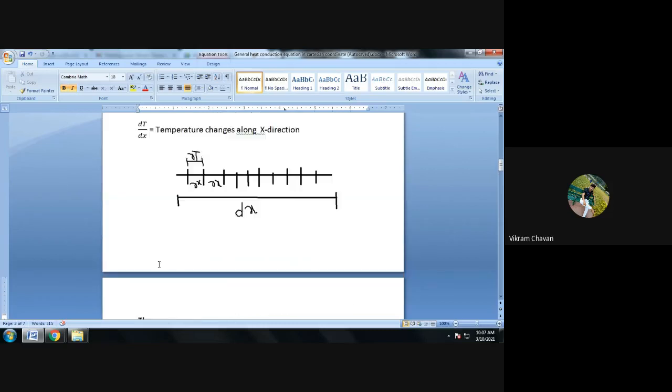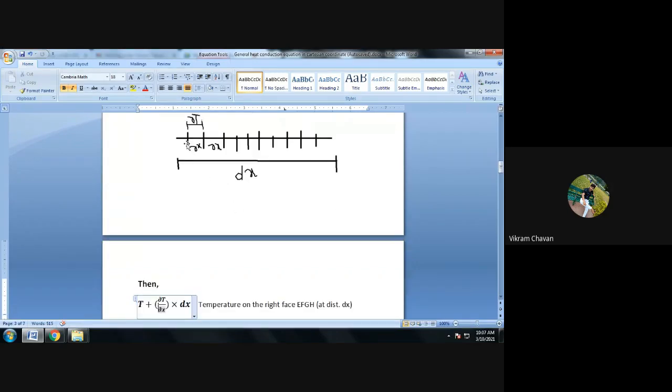We know that over the small distance del x, the temperature changes by del T. Now what will be the total temperature change over the length dx? If you consider del T as 1 degree Celsius and del x as 1 centimeter, then del T divided by del x provides 1 degree Celsius temperature change over a length of 1 centimeter.